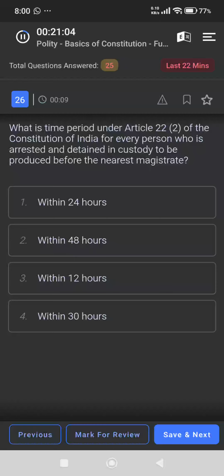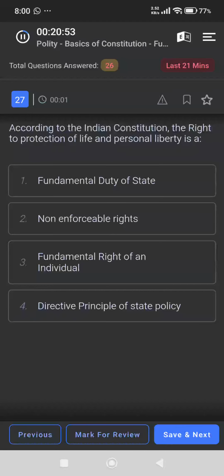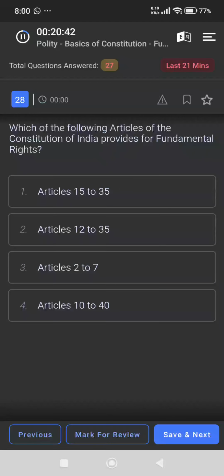What is the time period under Article 22 of the Constitution of India for every person who is arrested and detained in custody to be produced before the nearest magistrate? Within 24 hours. According to the Indian Constitution, the right to protection of life and personal liberty is a fundamental right of an individual.